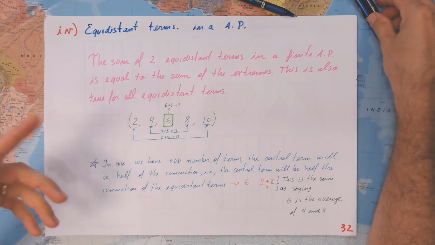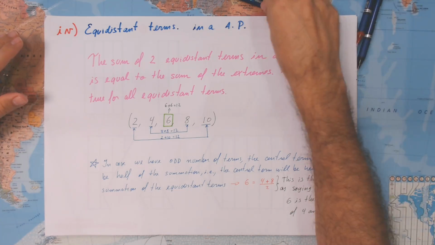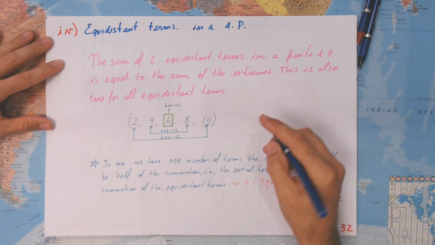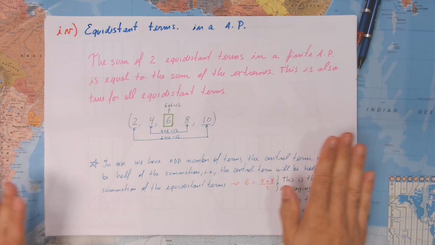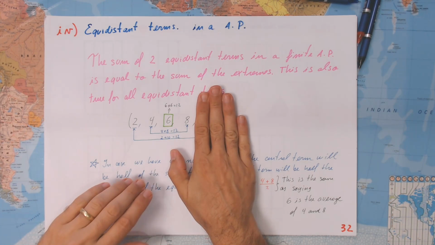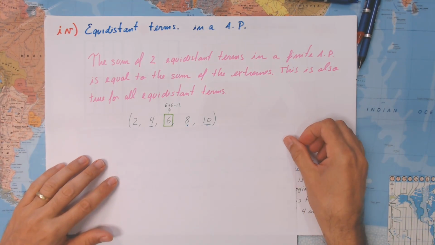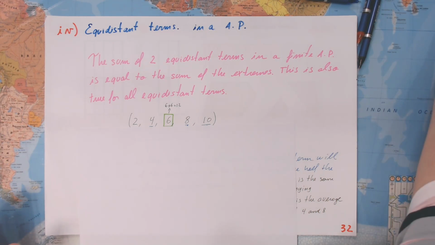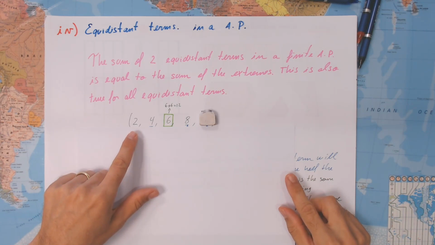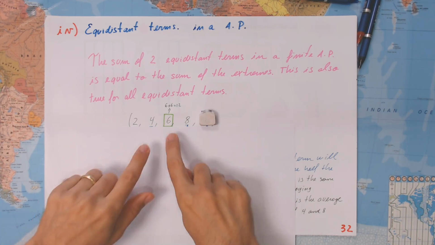Oh, and let me give you another example. I'm not going to write another one. I'm just going to imagine now that we have, let me cover this and this one. Imagine now our sequence is just 2, 4, 6, 8. What is going to be the central term? 4 and 6.